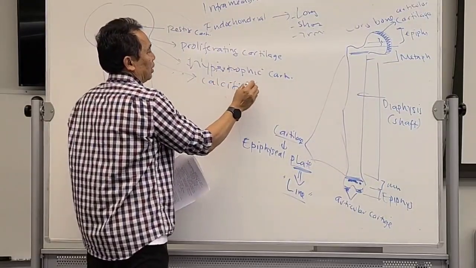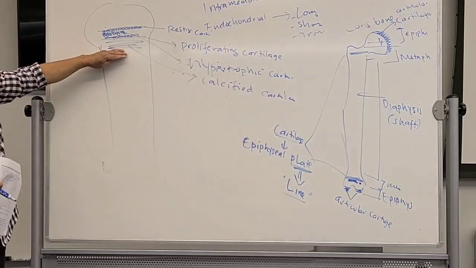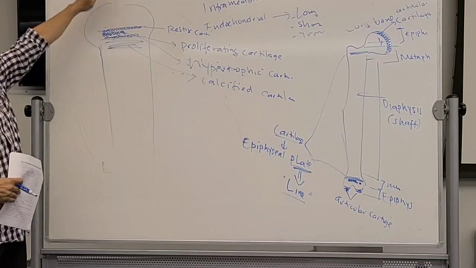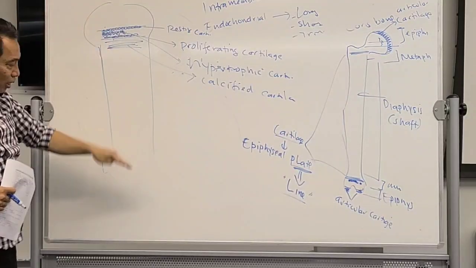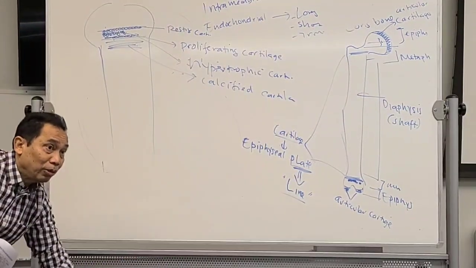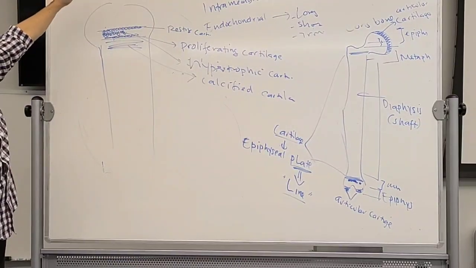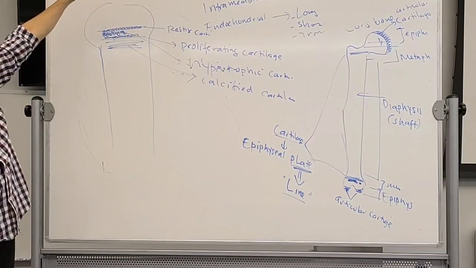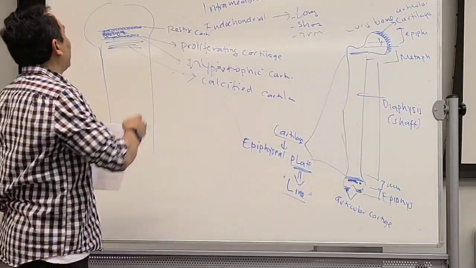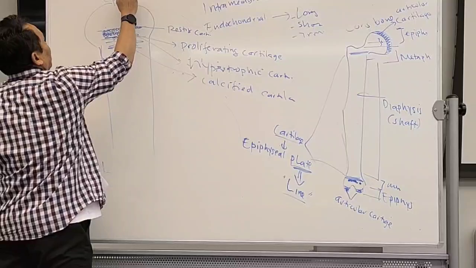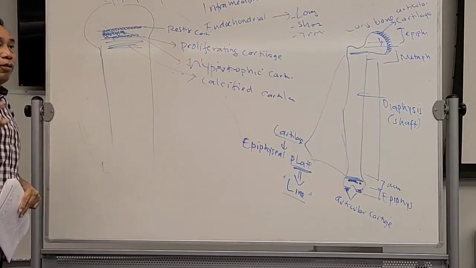So it becomes bone. Then this one is going to go to the top and make you taller. On the other side it's also going down, so this bone becomes longer. That's the epiphyseal plate over here. Are you with me?